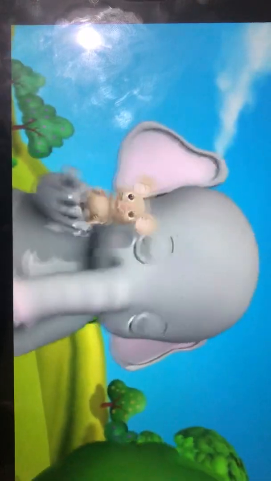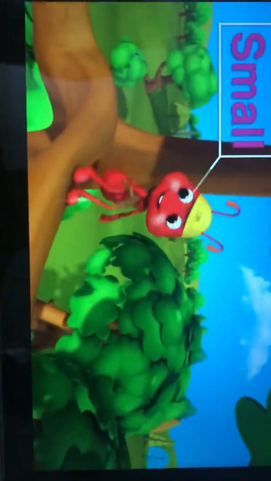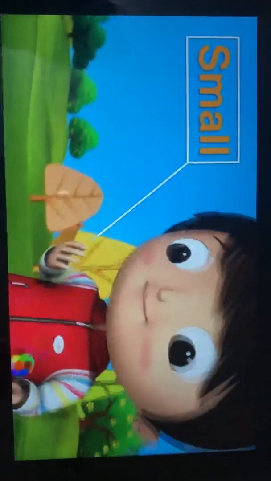The elephant is big and the mouse is small. The tree is big and the ant is small. The boy is big and the ball is small.